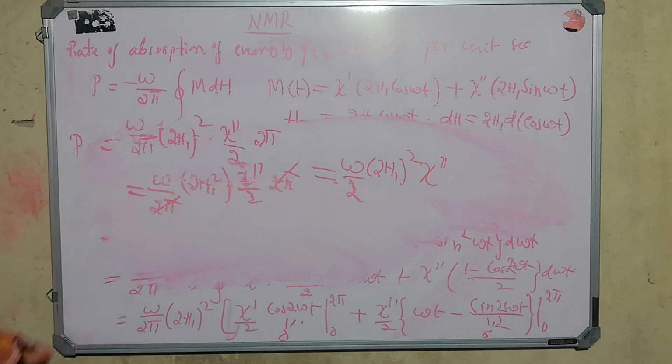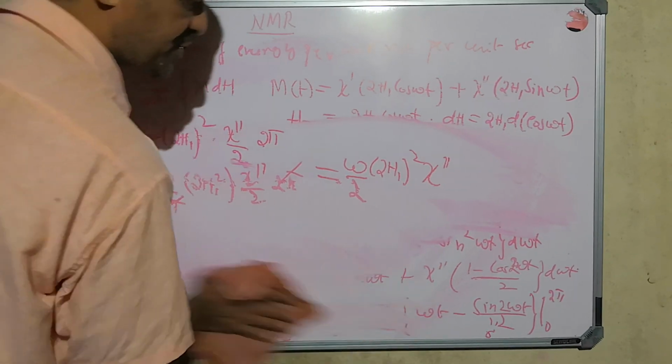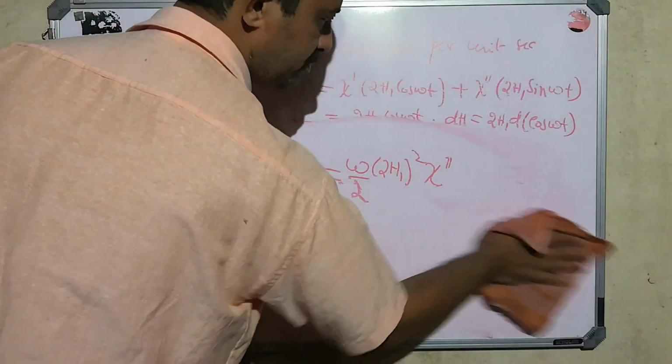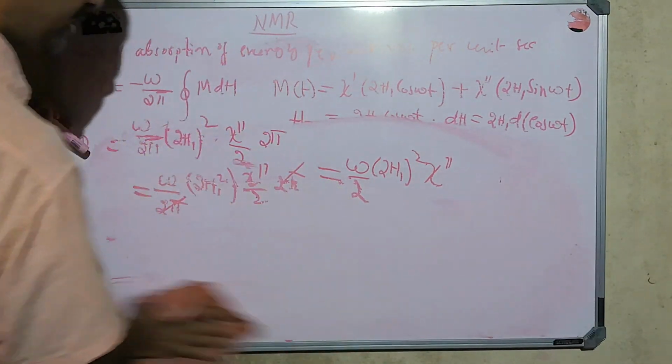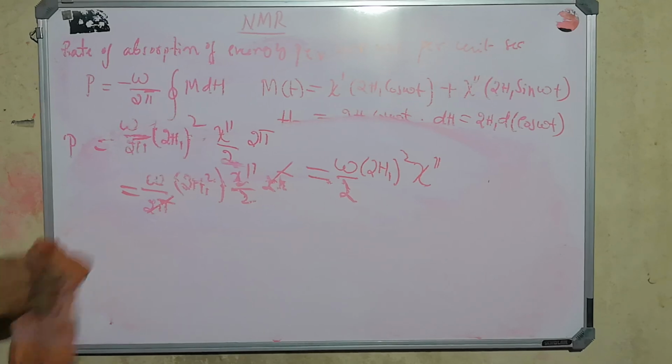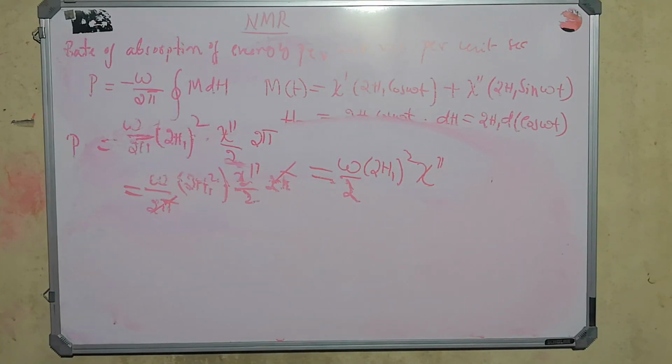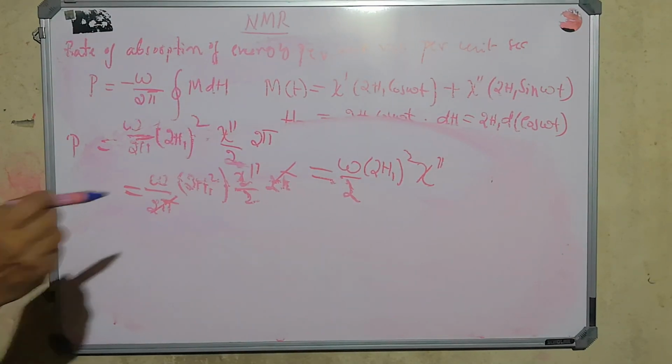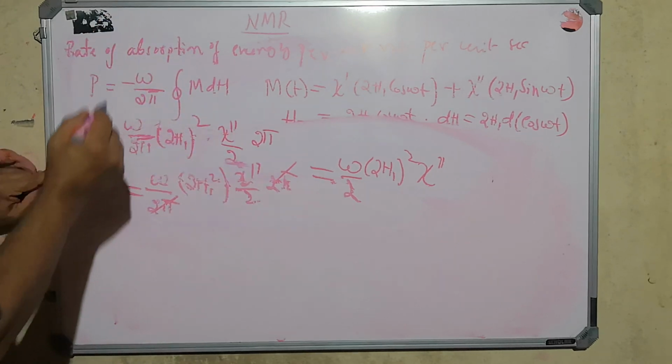That means rate of absorption of energy per unit volume per unit second is directly proportional to chi double dash. Therefore, chi double dash indicates the rate of absorption of energy.